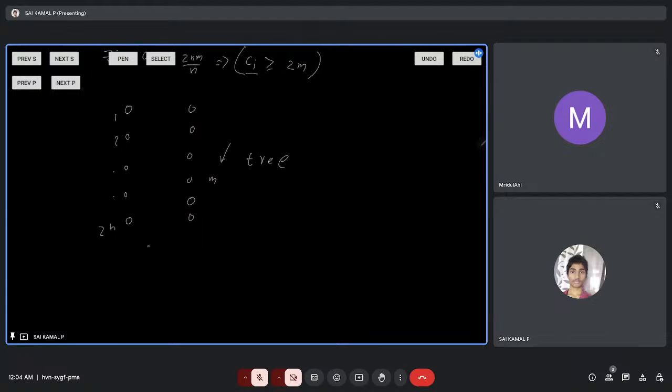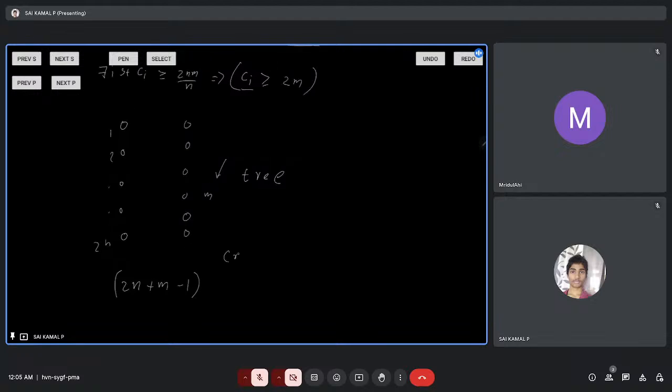So if you essentially construct a tree, the number of edges has to be 2n plus m minus 1, like the total number of vertices minus 1. If in a resulting graph there are more edges than this, then you will be creating a cycle for sure.